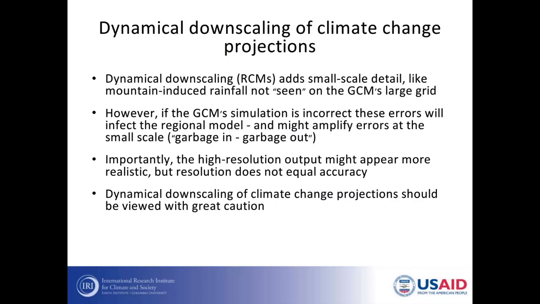Importantly, the high-resolution output of a regional climate model might appear more realistic, but resolution does not necessarily equal accuracy. Dynamical downscaling of climate change projections should therefore be viewed with great caution.